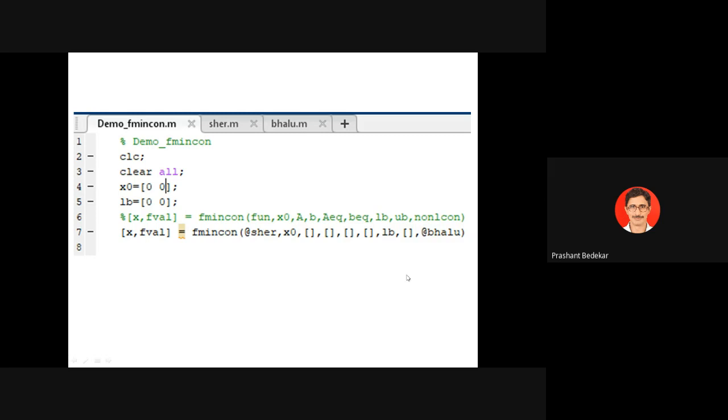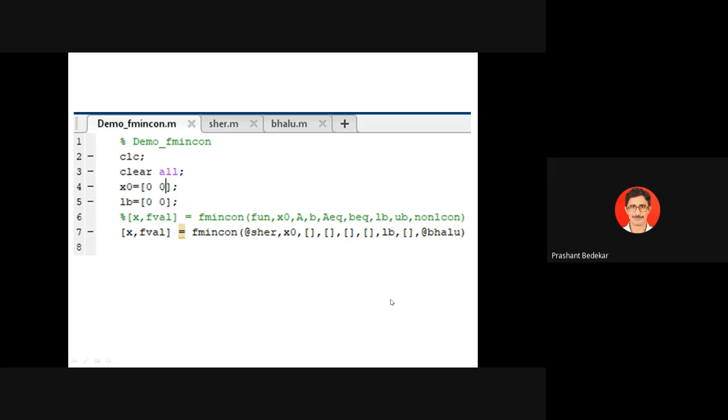Fmeancon must have a function which will contain non-linear constraints. If your problem has a non-linear constraint, then this nonlcon will be there. And if at all you want to use this, whatever is before that must be specified. उसके पहले का सब specify करना ही पड़ेगा आपको. Upper bound is not there, you will say bracket open close.